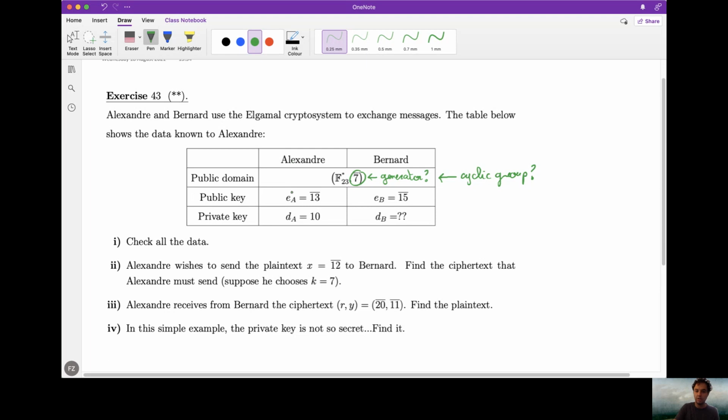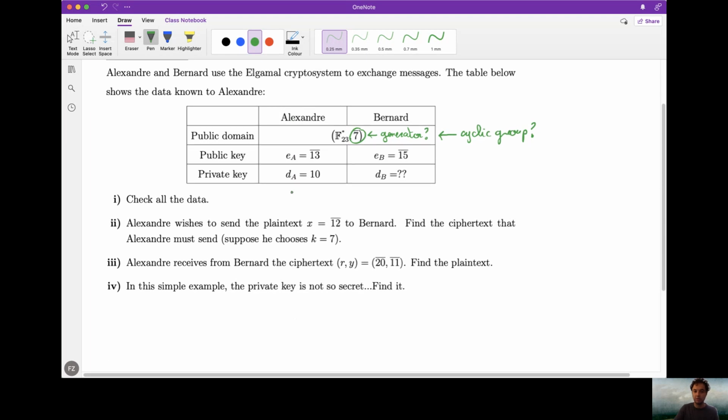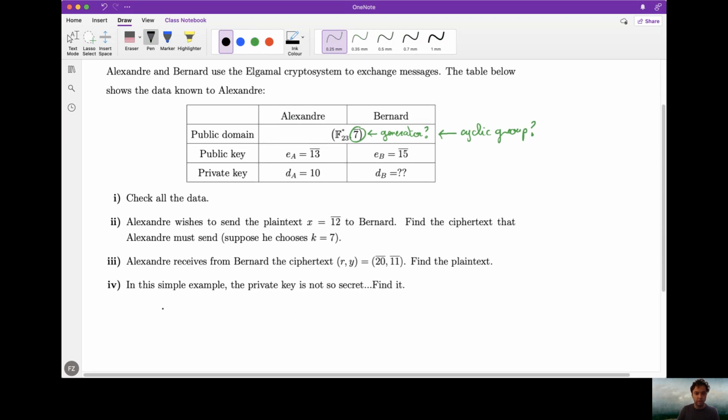So let's start with checking what happens with the public domain. We need to check, first, that 7 is indeed a generator of the group.